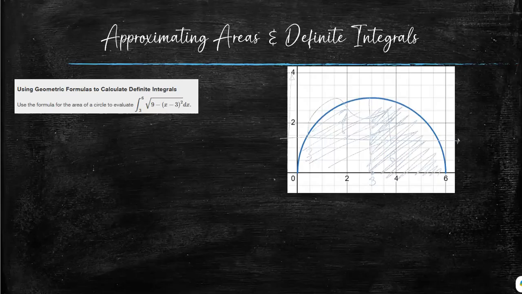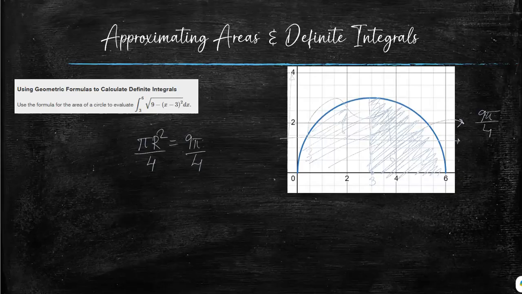This is simple geometry. The area of a circle is pi r squared, so the area of a circle of radius 3 will be 9 pi. We're dealing with a quarter of a circle, so we take a fourth of that. This area is equal to 9 pi over 4, and that's it.